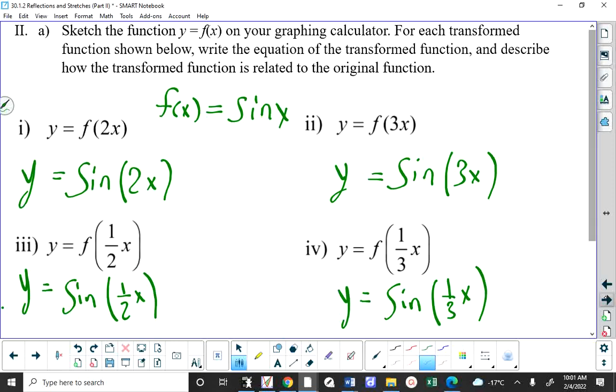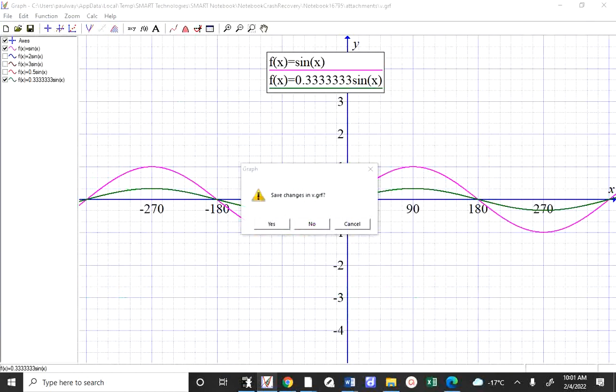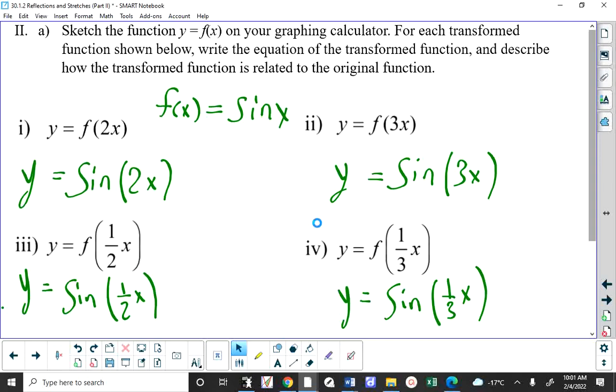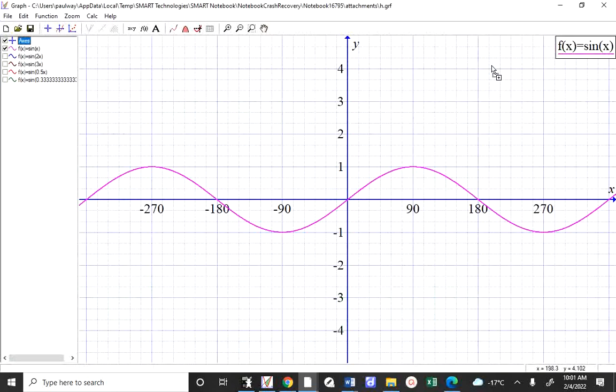So I'll tell you right now, things have been going along very smoothly, almost flawless for most of you. This is going to be where the hiccup happens. Okay? Because when you take a look at y equals sine of 2x, you would expect things to stretch horizontally by a factor of 2.